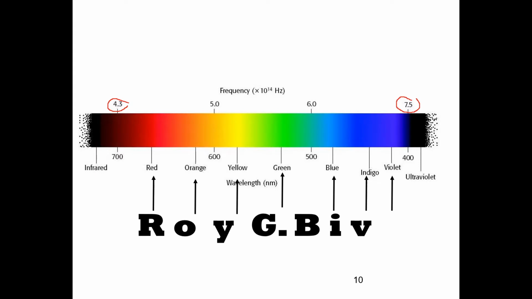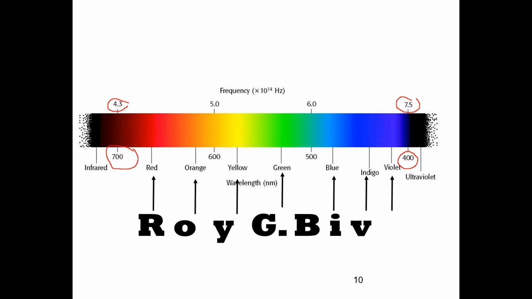But as stated earlier, colors are usually designated in wavelength, and we go from 400 nanometers, remember that means a billionth of a meter, all the way up to 700 nanometers.